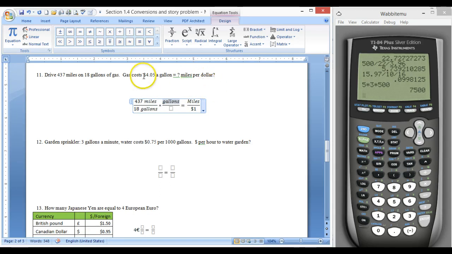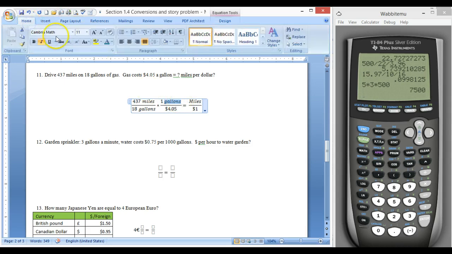And I was told that gas costs $4.05 a gallon, so I'm going to put my $4.05 on the bottom, my 1 gallon on the top for that conversion, and my gallons will cancel the top and the bottom, cancel those out, and I am left with miles over dollars.